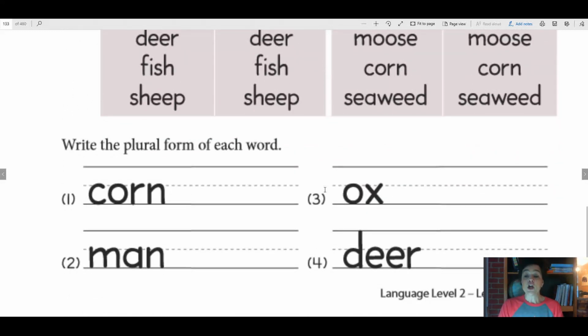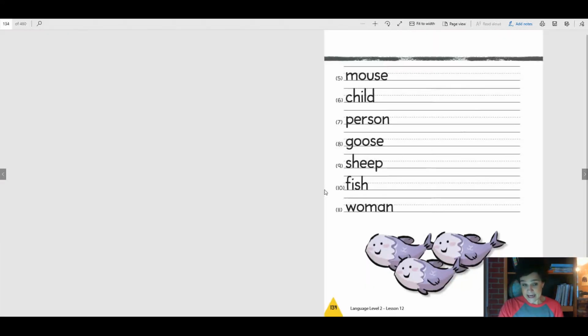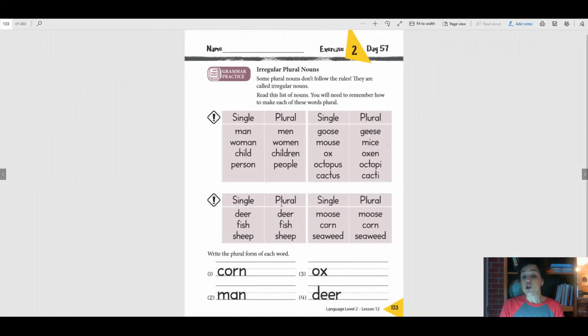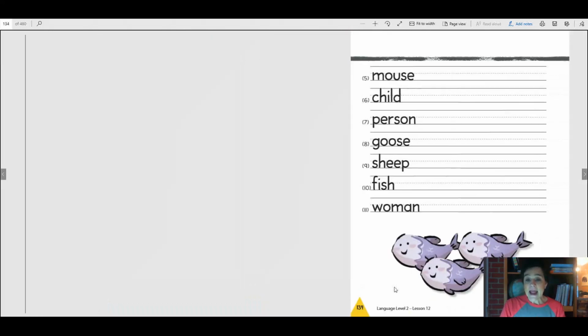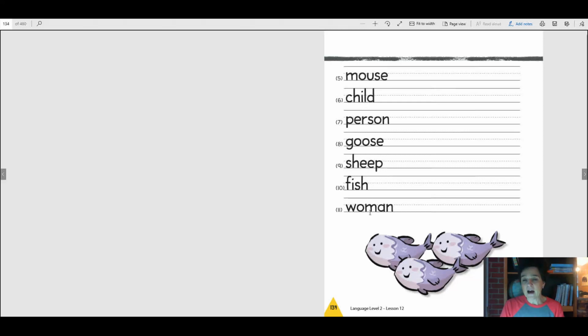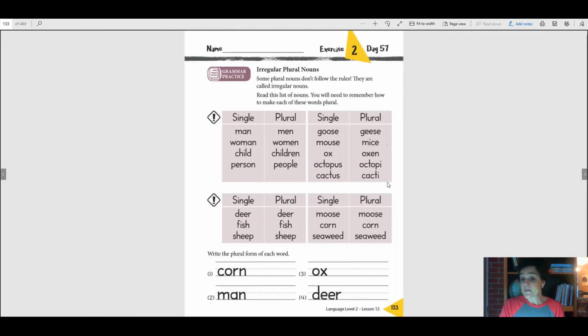All right, so your assignment today, and I'm not going to help you with it, your assignment is to write the plural of each one of these words. The 4 right down here, and then there's 5 more on this, 7 more on this page right here. Okay, now the reason I'm not going to help you is because all of the answers are right here.